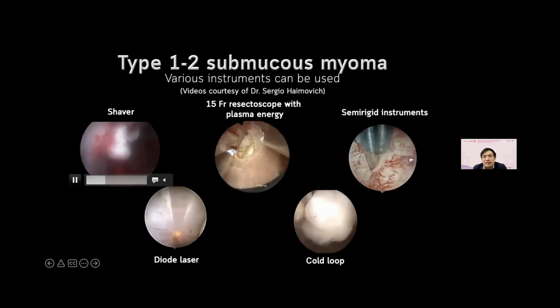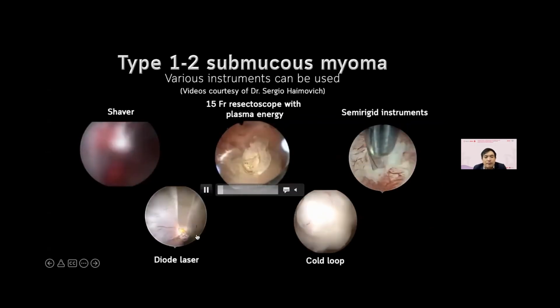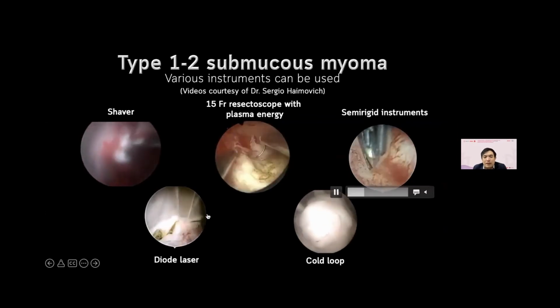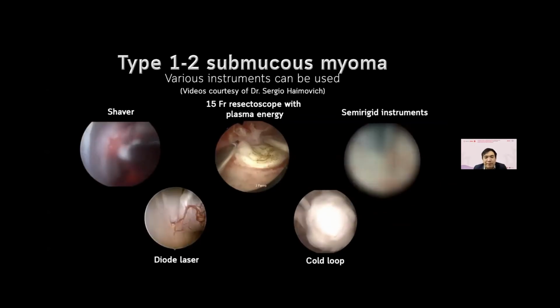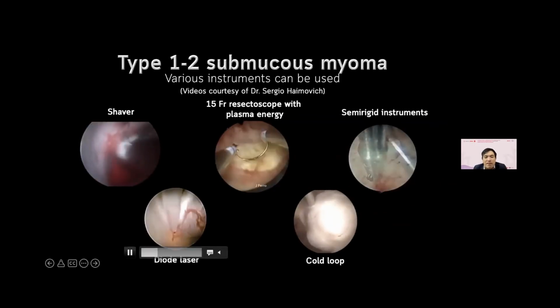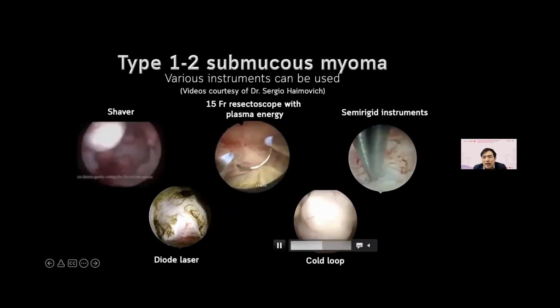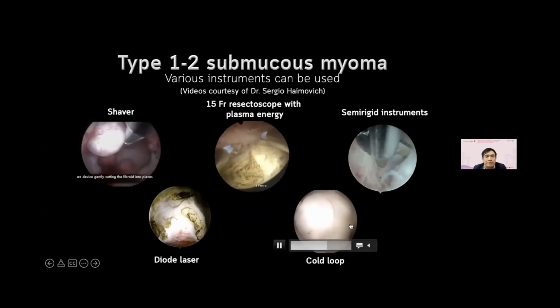In some cases, it can still be used, or with a diode laser. I used the diode laser lately, but the cutting speed is much lower than the others, so we stopped using that at the moment, or the cold loop.